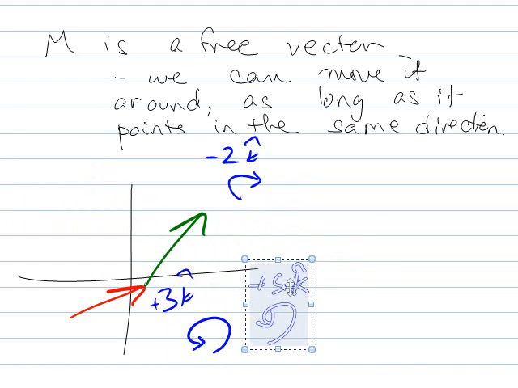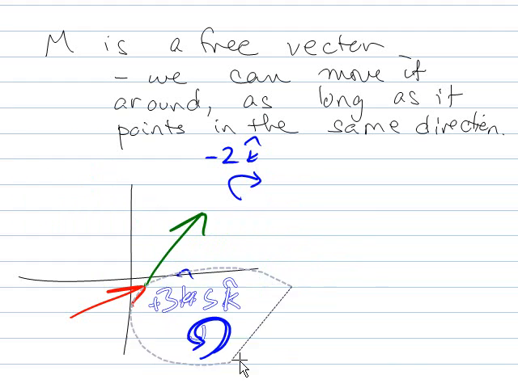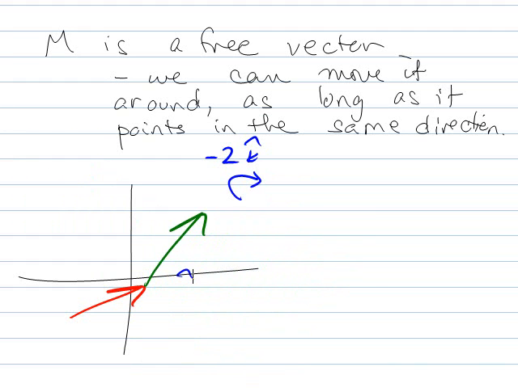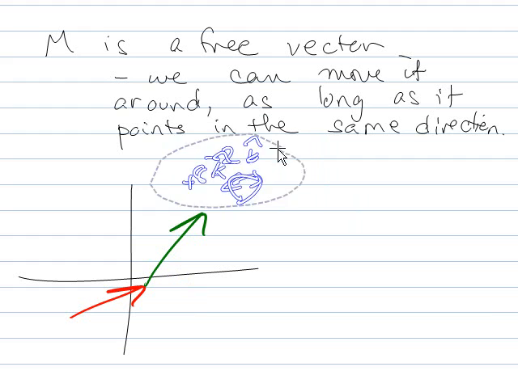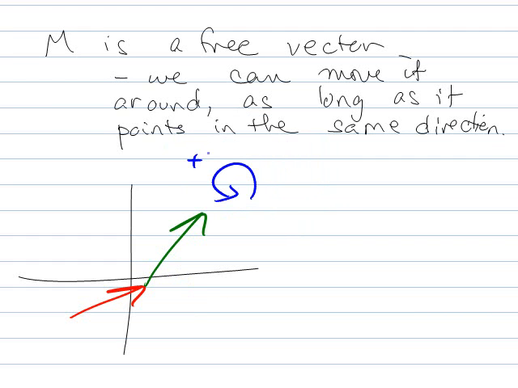So if I have a 3 and a 5, I can move them on top of each other, and now instead of a 3 and a 5, I have a positive 8. Then I can move this around. My 3 and 5 are combined, and now I can move them on top of the negative 2, and now I've got a positive 6 moment.